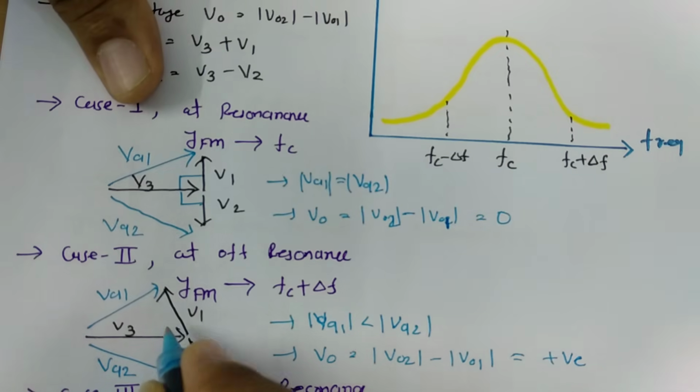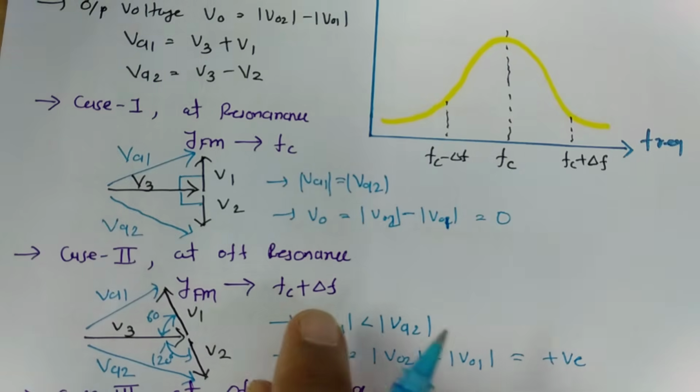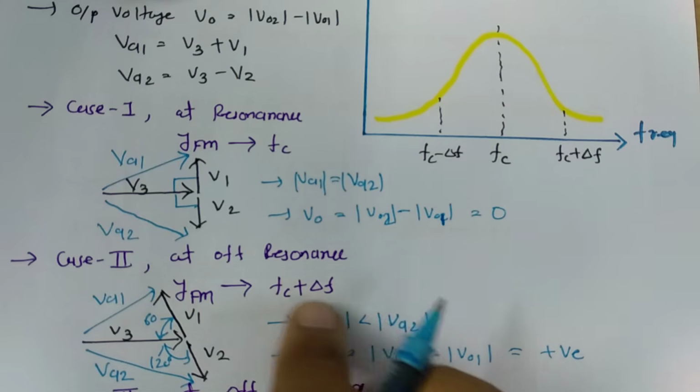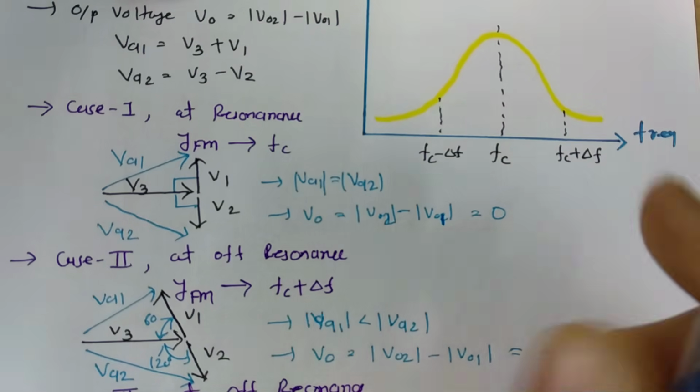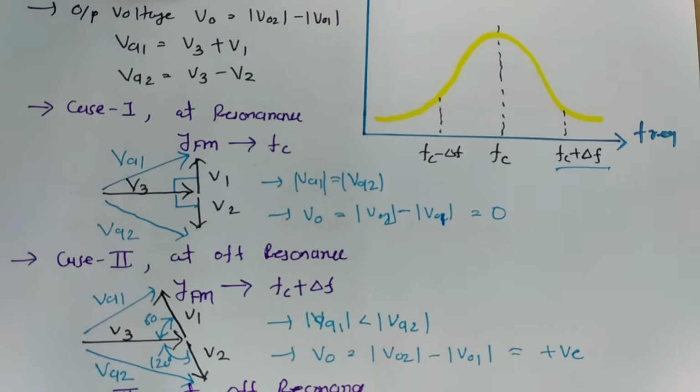One can consider an example: if this is 60 degrees, then obviously this has to be 120 degrees. So this VA2 will be greater than VA1, and as our output is V02 minus V01 at frequency Fc plus delta F, at this frequency the output will be positive.